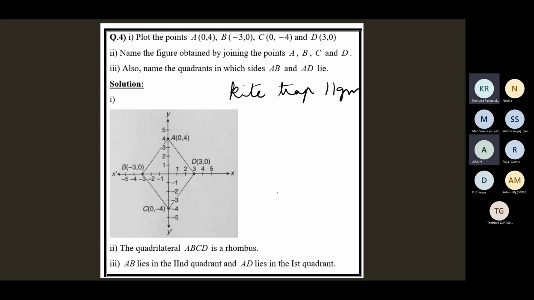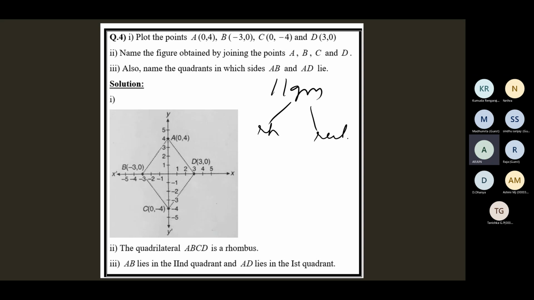Kite, trapezium, and parallelogram are the three broad categories of quadrilaterals. Now, under parallelogram, you have rhombus and rectangle. Rhombus and rectangle put together is a square.